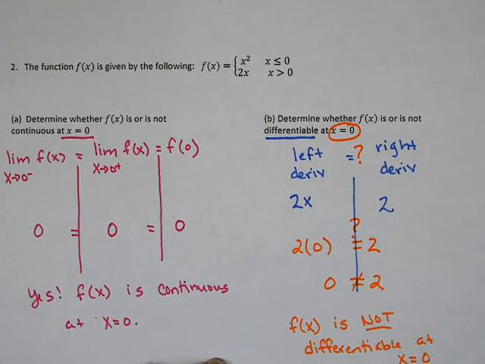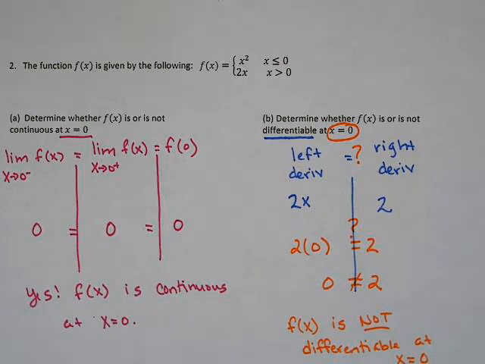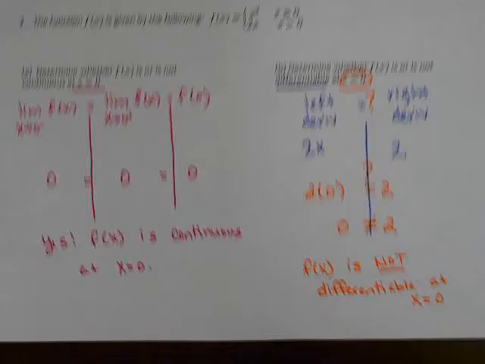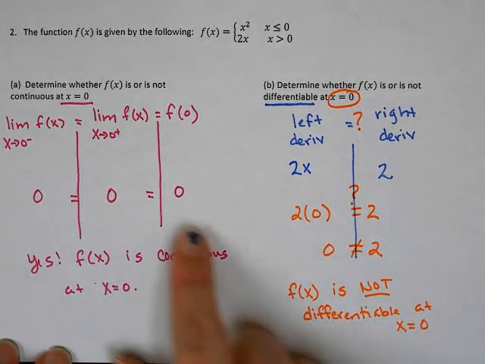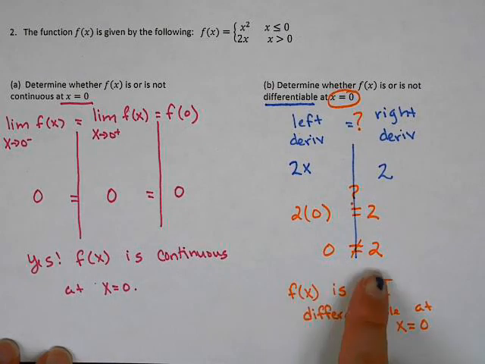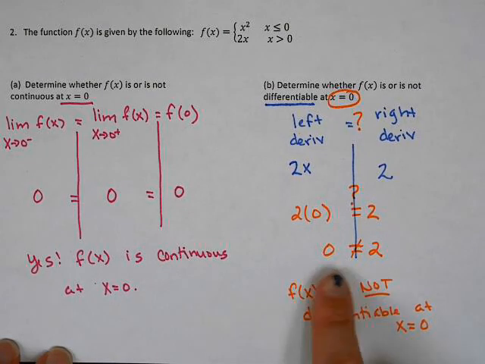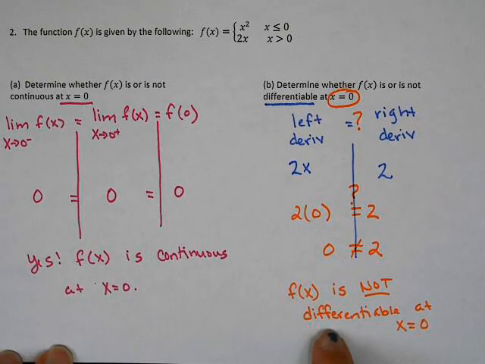So this is an example where it is continuous. We were able to show that the left limit equals the right limit, which equals the function value, but the left and right derivatives do not equal each other, which means that it is not differentiable. And I bet if we were to graph that, we could see that that is the case.